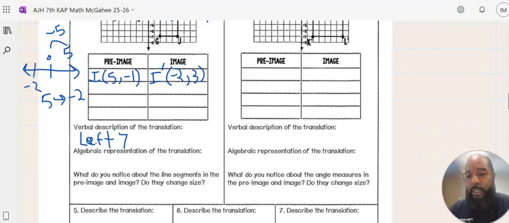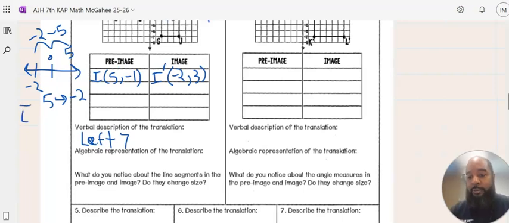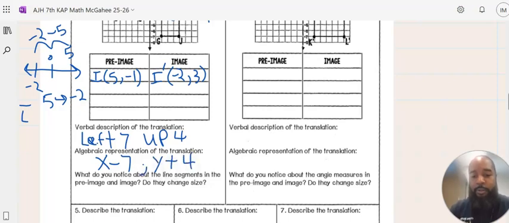So if -2 is here, I need to subtract 2 more, which would make -7. So that's left 7, okay? Because remember, x is negative and that's left, right? Then we know to go from -1 to 3 is just 4. We're going up 4. It's a +4. So up 4. So my algebraic rule here would be x minus 7, comma, y plus 4.